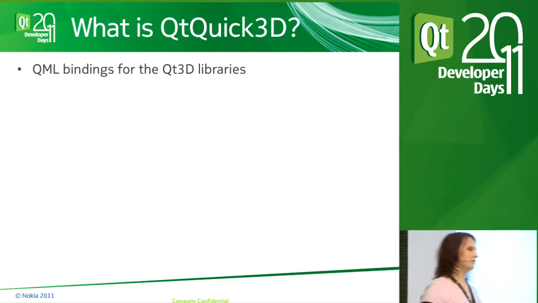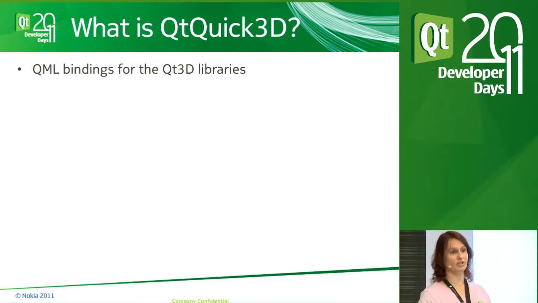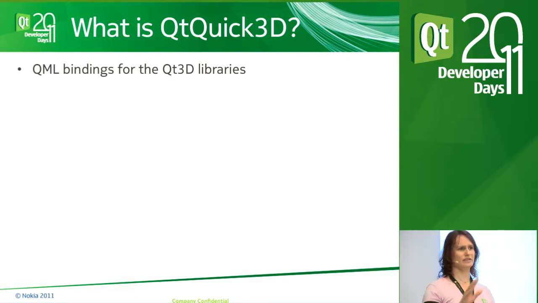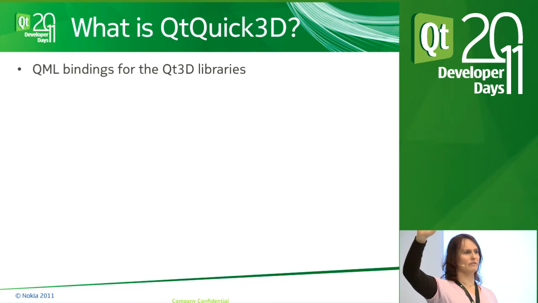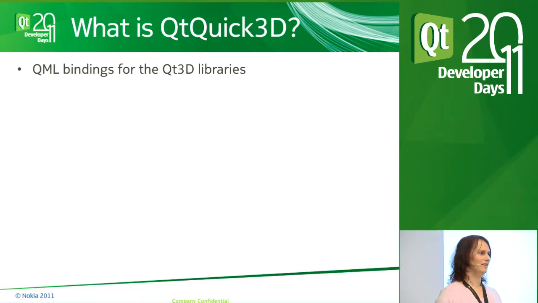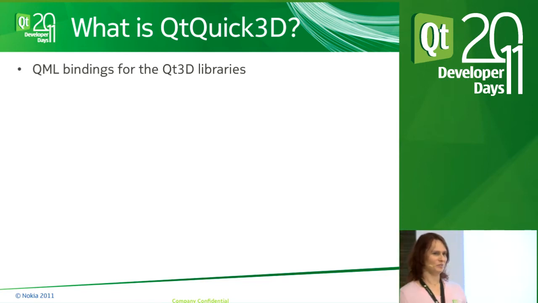When we started out with Qt 3D, it was really a traditional set of OpenGL bindings. And if any of you have, can I just get a quick hands up? Who here has actually written a traditional OpenGL application? Quite a few of you, probably 30 or 40% at least. It's a C-like experience, right?